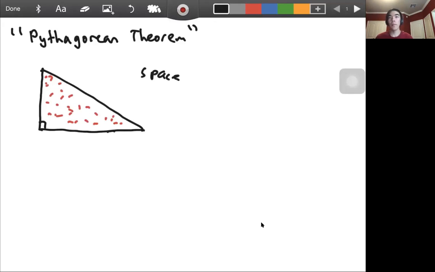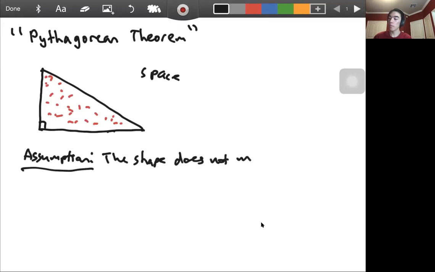So if you can imagine this situation, there's an assumption. And this is the thing that you would be proving if you go in the reverse direction. The assumption is the shape does not move.